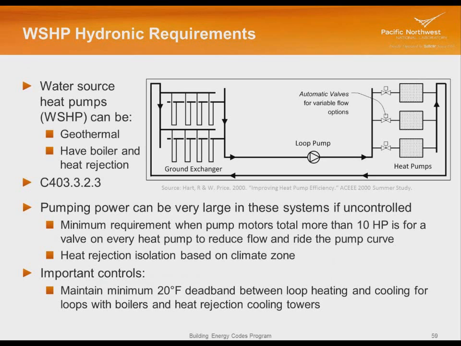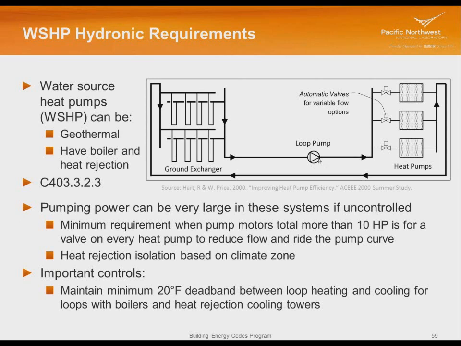One other example of hydronic systems is water source heat pumps, and there are a couple of different types of those. We've got geothermal heat pumps that have a bunch of boreholes that exchange heat with the earth, or we might have, not shown here, a boiler and a fluid cooler or cooling tower that would either put heat into the heat pump loop system or reject it outside.